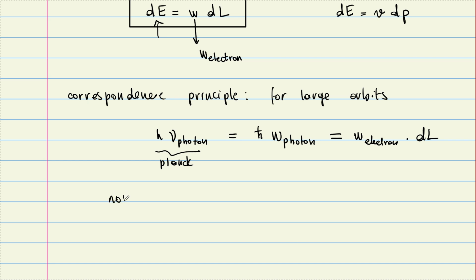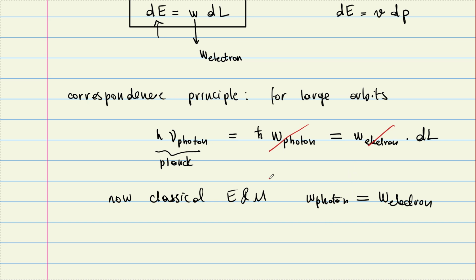Now use classical electricity and magnetism to say omega photon is equal to omega electron, right? So I will cancel that with this.